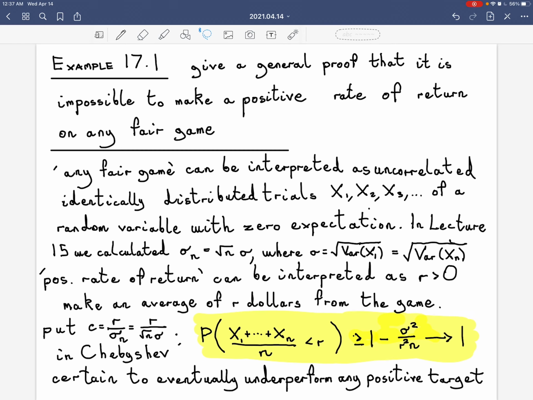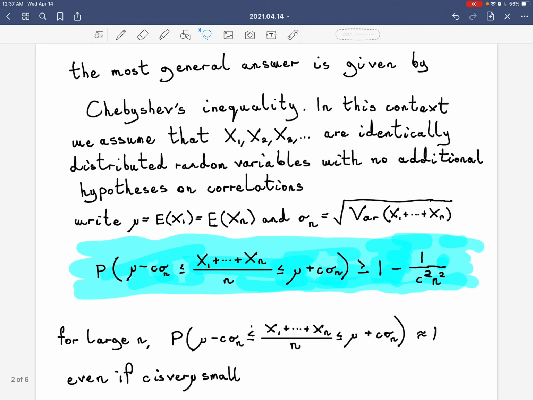So what we want to choose is the rate divided by the square root of n times the standard deviation. So let's have a look. Why is that a good choice? So we're trying to choose c to be rate divided by sigma n. So we want a rate of return r, and we plug in c equals r divided by sigma n.